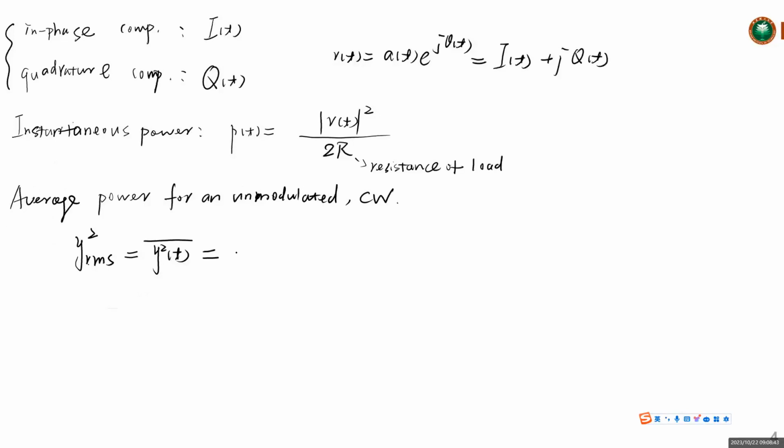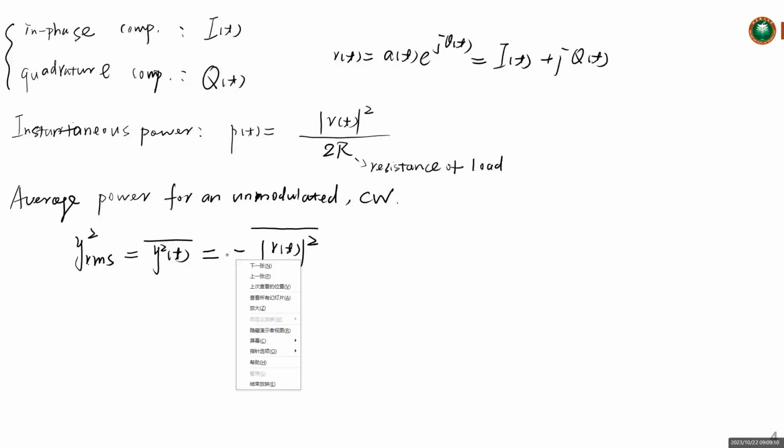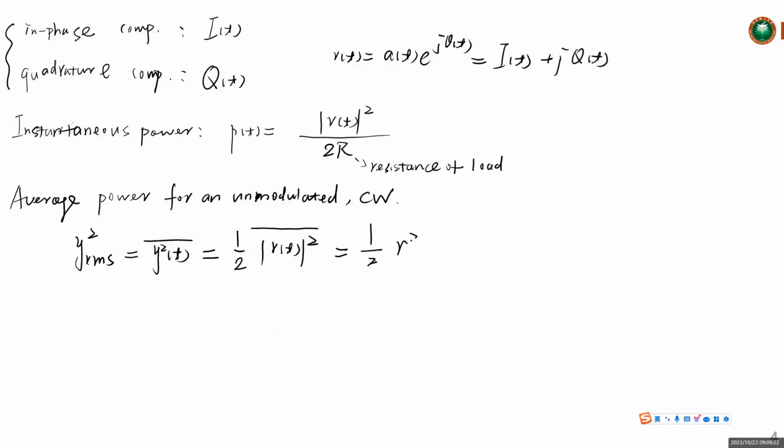When it is transferred to the complex envelope, there's one thing we need to take care of: because it is for r(t), the complex envelope, which corresponds to a modulated signal, there should be a half of that. Normally it can be expressed as half of the r squared RMS.